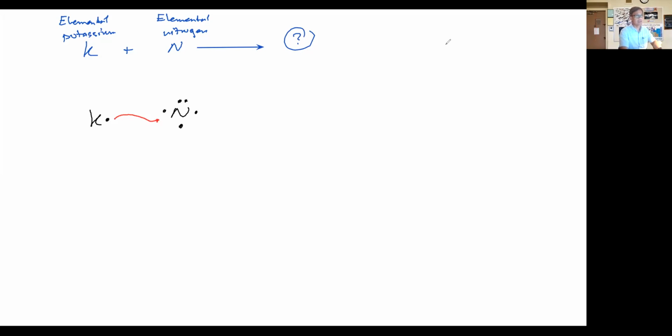So what do you think is going to happen? You're going to need 2 more potassium to come into the picture to donate their electron to the nitrogen. At this point, let's take a look at what happens. We're going to have 3 potassium cations that form as a result of this.